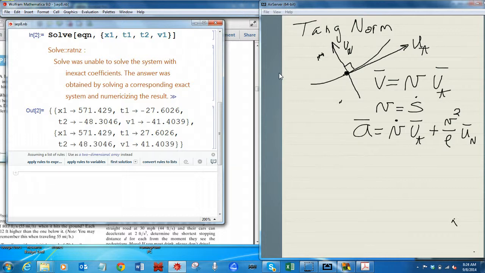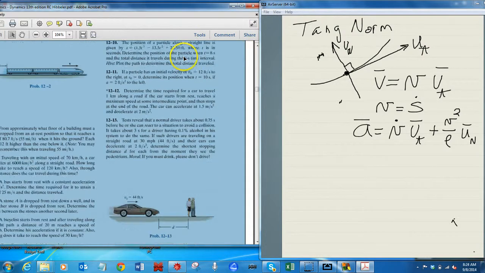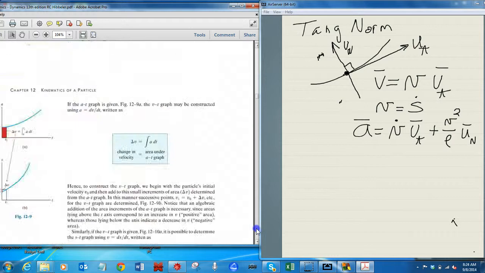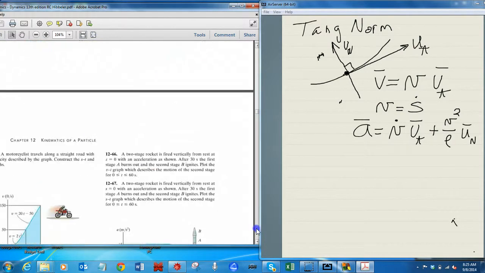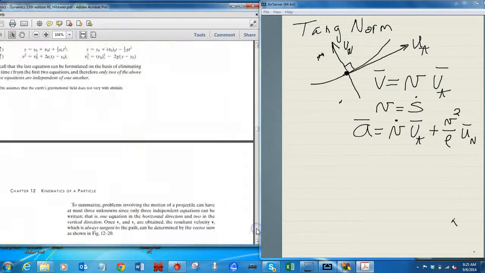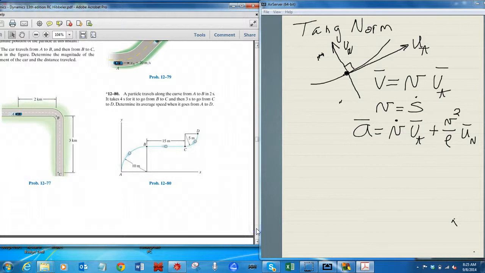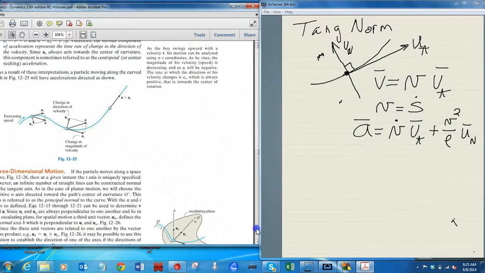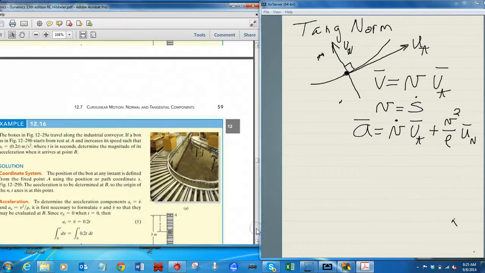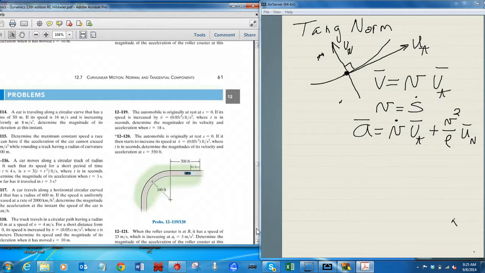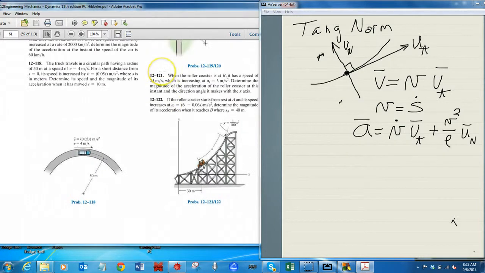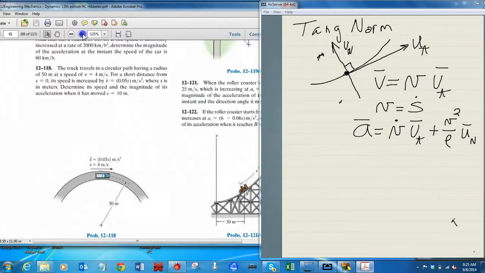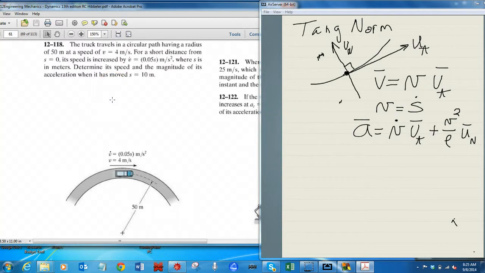How about problem 118? A truck travels in a circular path having a radius of 50 meters at a speed of 4 meters per second.